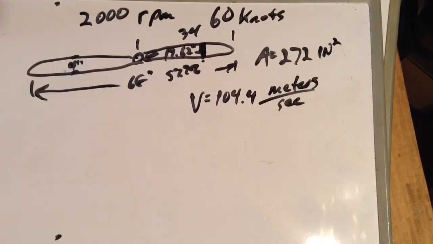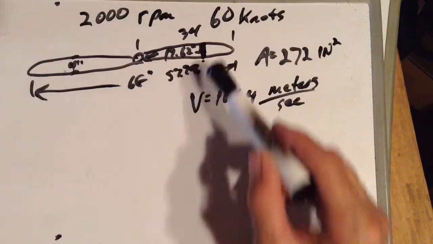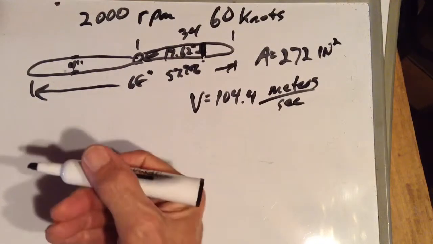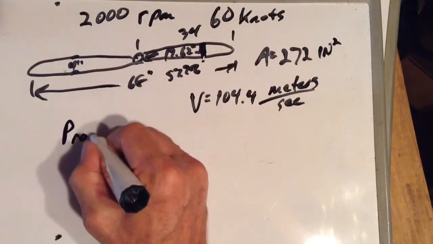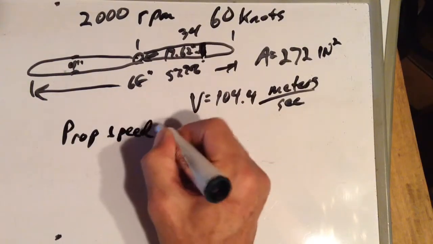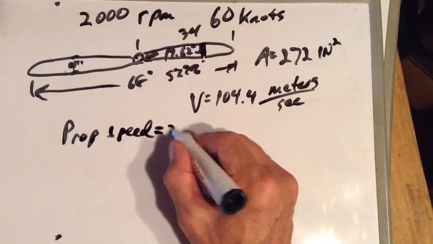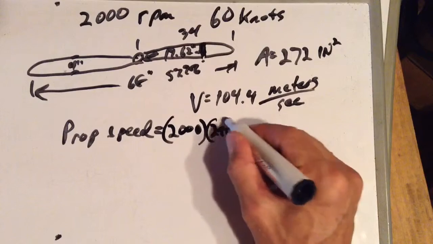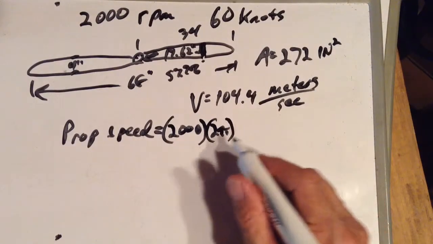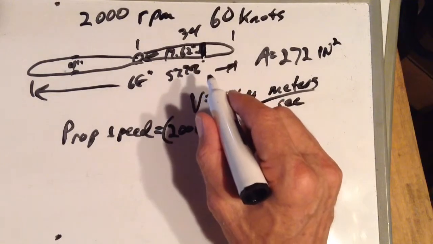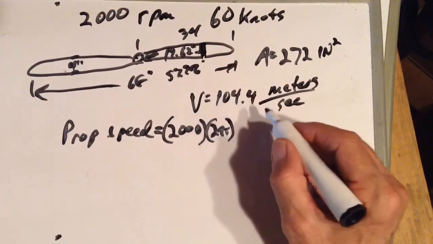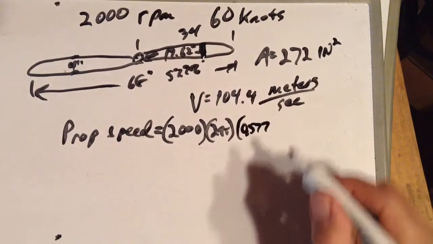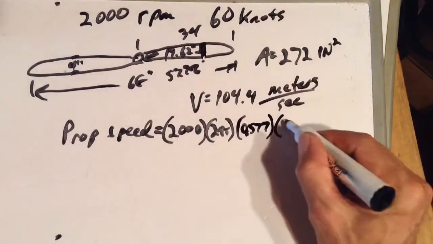So let's say our prop speed at this spot, 57.7% of the way from the shaft to the tip, is equal to our 2000 RPM times 2 pi radians per revolution, so that many radians per minute, times 0.577, or 57.7%, times the radius here, which is 34 inches.